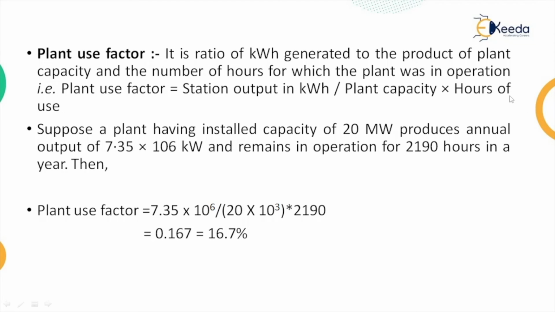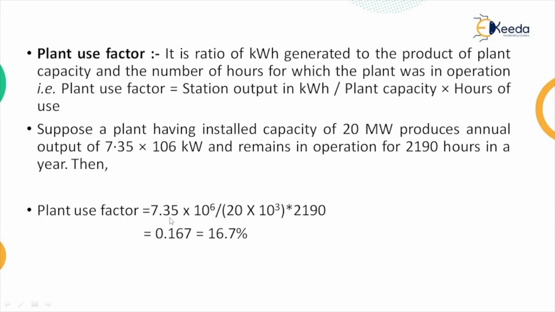Suppose a generating plant having an installed capacity of 20 megawatt produces an annual output of 7.35 into 10 to the power 6 kilowatt hour, and remains in operation for 2190 hours in a year. Then how much is the plant used?